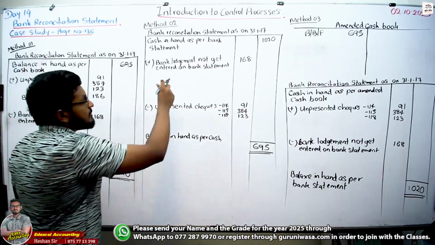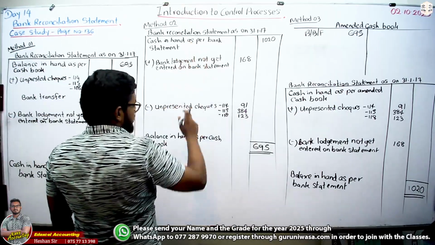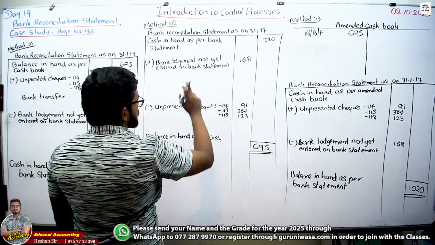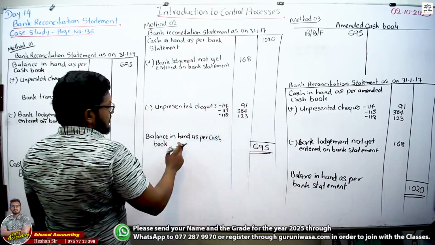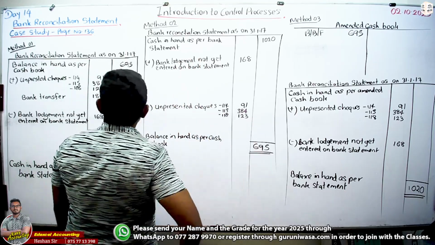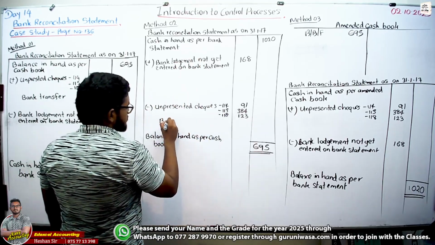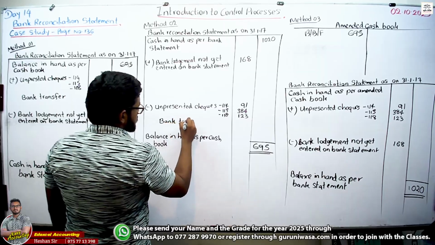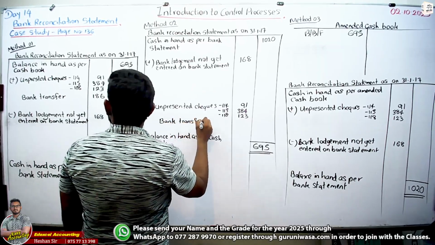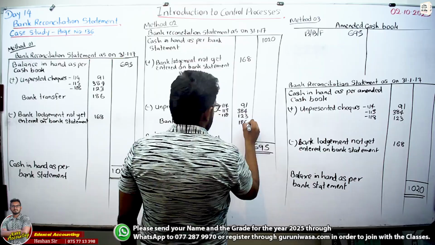In here the bank statement shows 100 because it was added. In here it is not added, 190. So from 100 we need to deduct to take 90, right? So, bank transfer, 186.